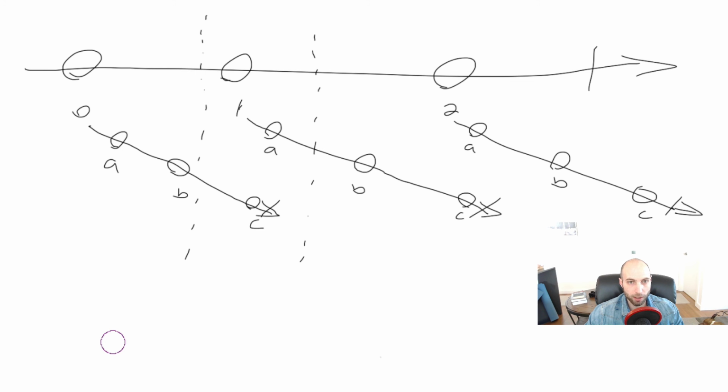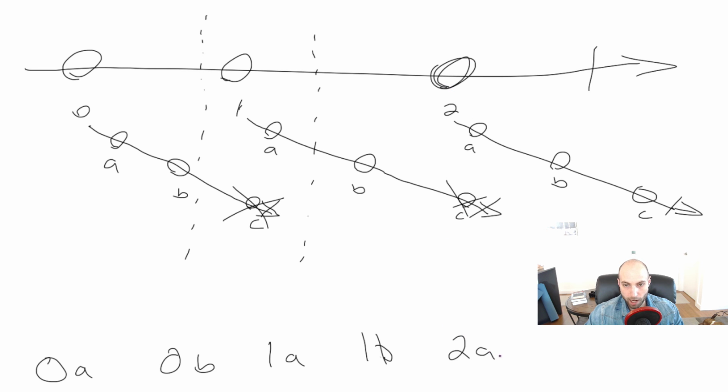What switch does is it starts to emit the values here, so 0A, 0B, but then as soon as a new observable is emitted on the outer stream here, we immediately cancel our subscription to this guy, and we subscribe to this one because it's newer. So we go 1A, 1B, and then as soon as an observable emits over here, we cancel our subscription to this one and immediately subscribe to this one. And so then we go 2A, 2B, 2C.